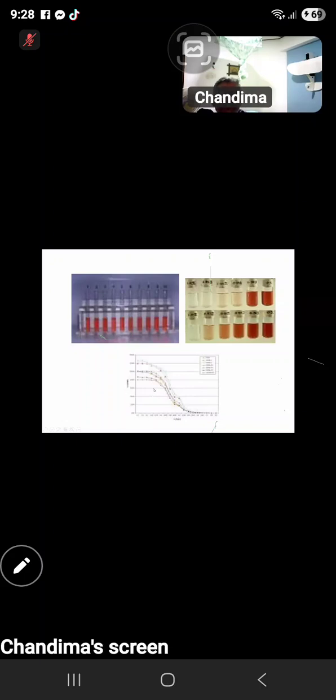If it lies on the left side of the normal curve, it says the patient is with microcytes, maybe iron deficiency or sickle cell or any other condition. With other tests, you have to confirm what disease the patient is having.